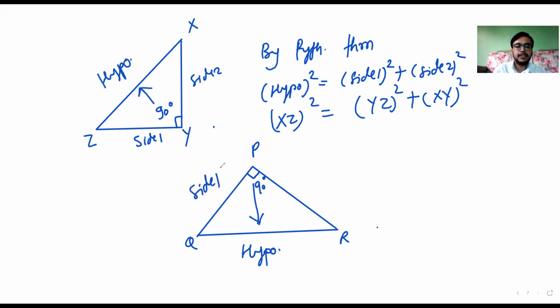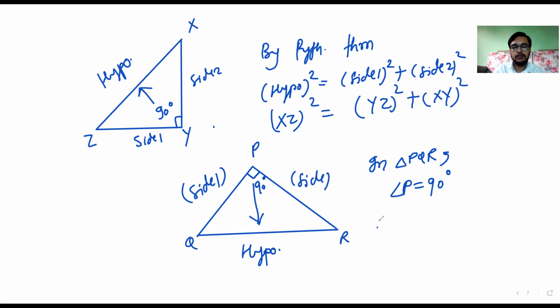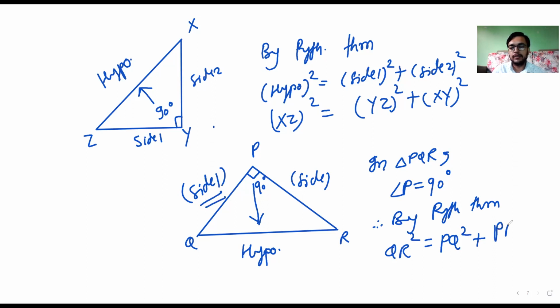Let us consider this as side 1 and this as side 2. Then by Pythagoras theorem in triangle PQR, angle P is equal to 90 degrees. Therefore, the hypotenuse square, here QR square, is equal to side 1 square, that is PQ square, plus side 2, PR square.